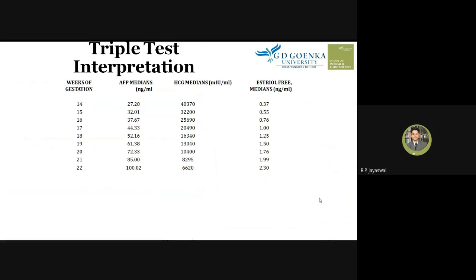Okay, so this is the triple test interpretation, and here we see the AFP medians, like the median of alpha fetoproteins in nanogram per ml, and this is the HCG, and these are the estriol levels. So it gives the values at different weeks, like at 14 weeks the AFP level is 27.20.